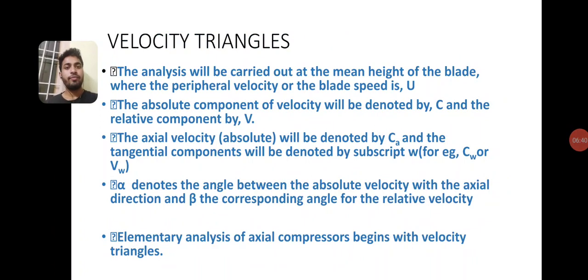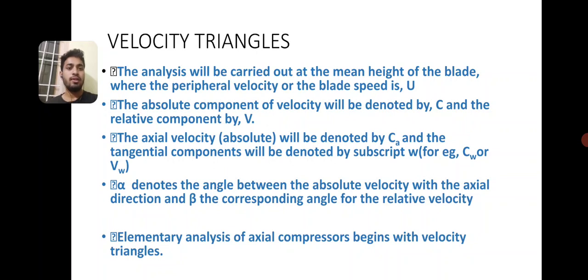Velocity triangle for an axial flow compressor. The analysis will be carried out at the mean height of the blade, where the peripheral velocity or blade speed is U. The absolute component of velocity will be denoted by C and the relative velocity by V. The axial velocity will be denoted by Ca and the tangential components will be denoted by subscript w, for example Cw or Vw.